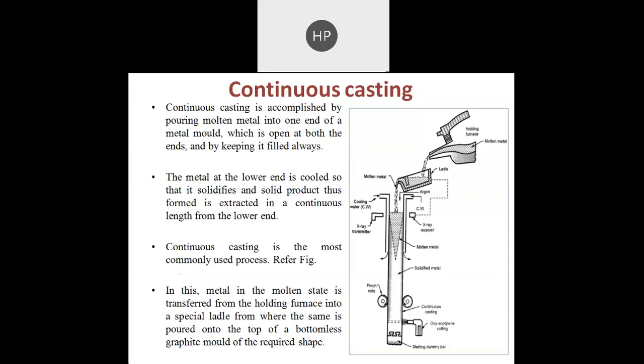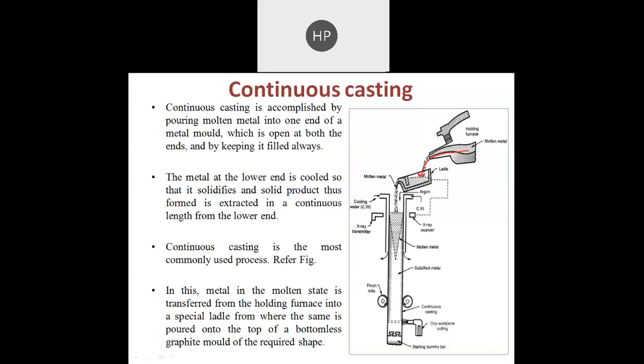So in this continuous casting process, as you can see in this diagram, here we have the source of molten metal. This is the molten metal, and that molten metal is continuously being poured into the ladle. This is the ladle.